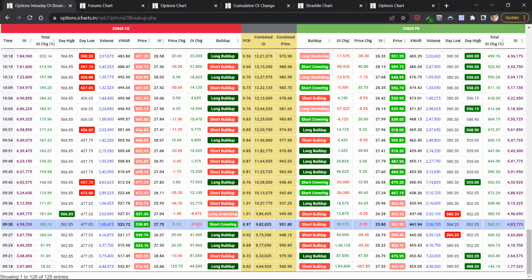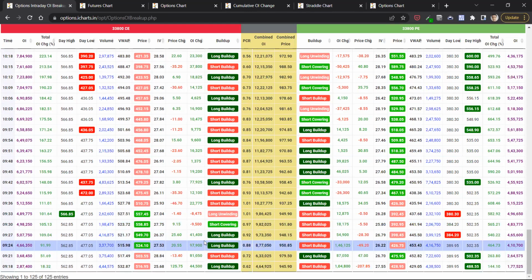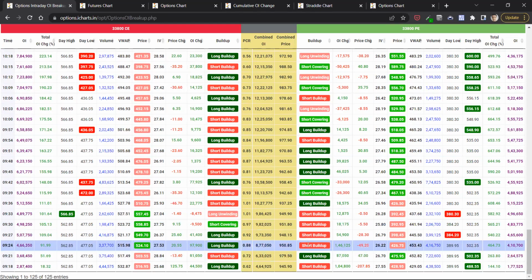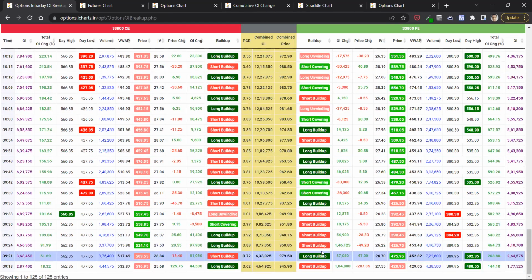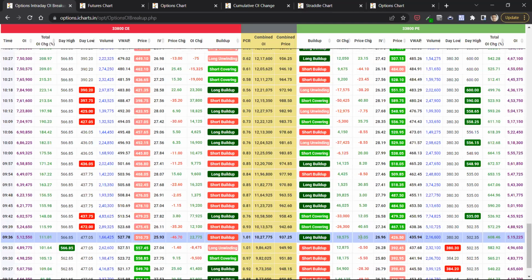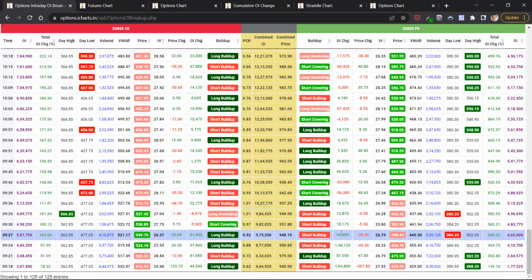Don't do anything before 9:30 because OI gets built up on both sides. All these 9:20 straddle sellers are selling straddles, so this doesn't indicate anything much. Nothing serious is happening here. People are just positioning themselves for the day. So just wait until 9:30 and then start your actual analysis from that point is what I suggest.